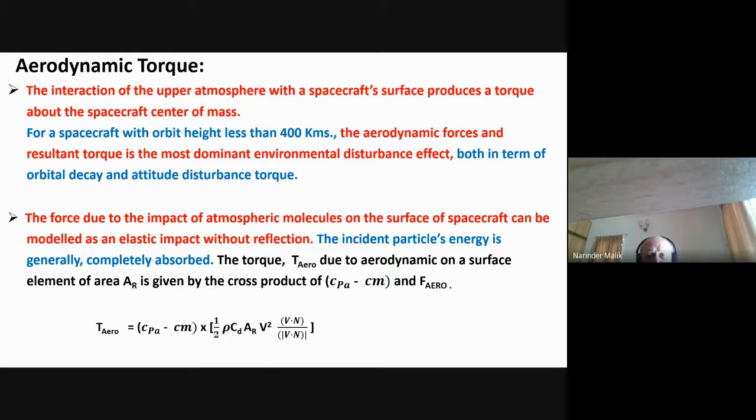If some surface is at an angle to the velocity, then that cosine component will come, because AR is a projected area along the velocity direction. If it is a net area, not a projected area, this will make the cosine effect.